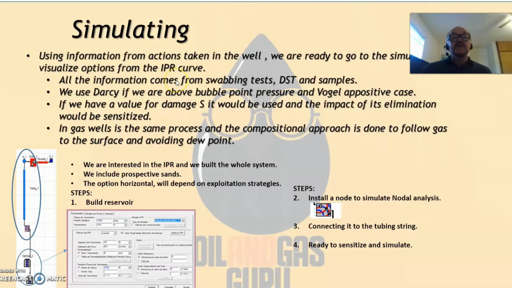We can build the inflow performance relationship curve, and like it says right here, we use Darcy if we are above bubble point pressure, and Vogel if we went across it. So if we have damage, we sensitize what's the impact of the elimination.